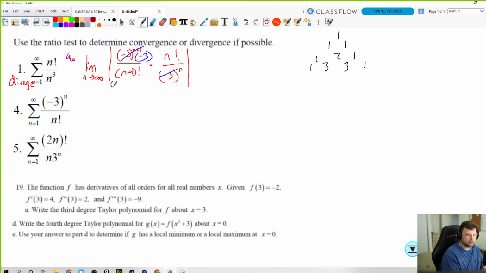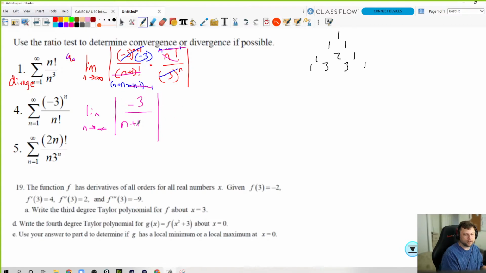Now these factorial parts, this is like n plus 1 times n minus 1 all the way down to 1. And this is like n down to 1, right? So we can actually cancel out everything except for just an n plus 1 left on the bottom. So what you should have is negative 3 on top, and on the bottom an n plus 1. And that's all that's left after I reduce.